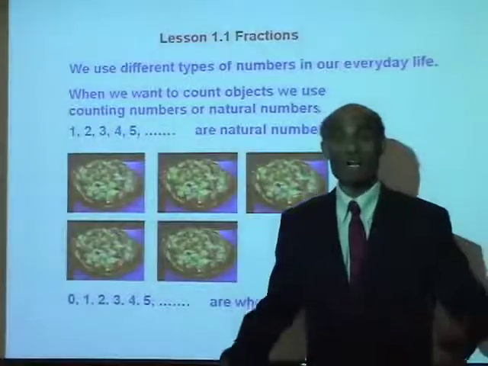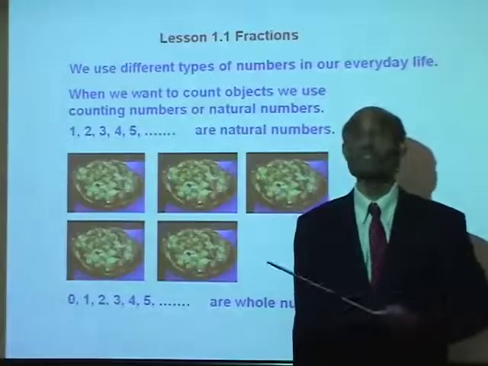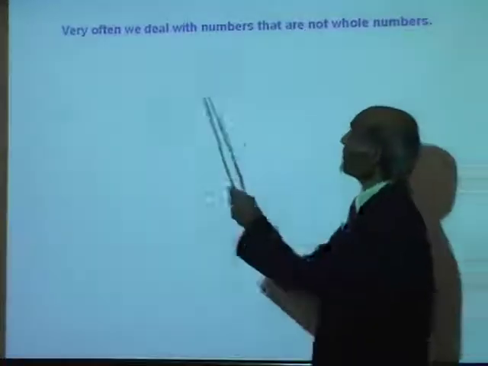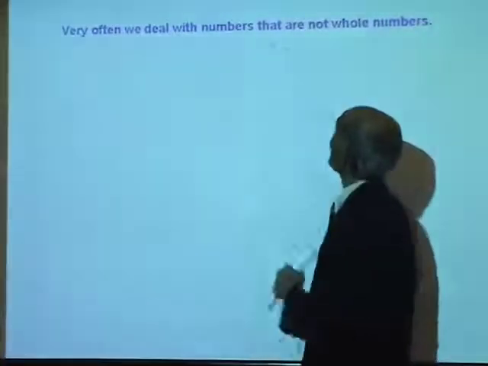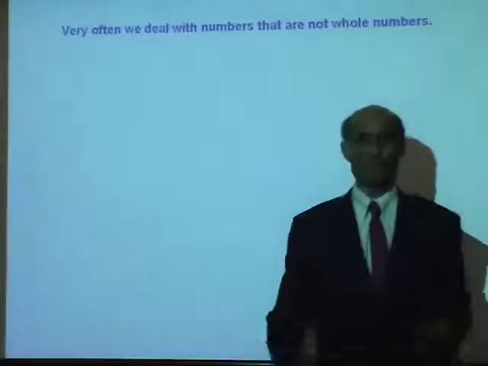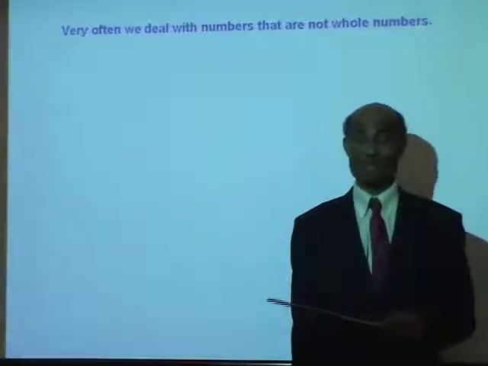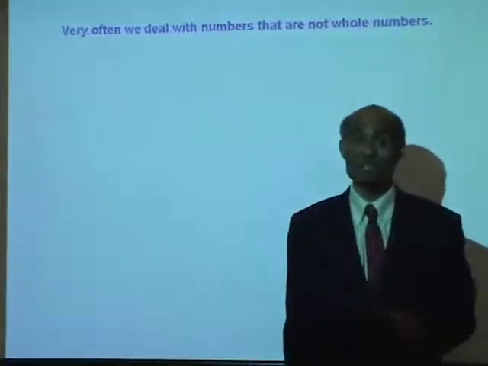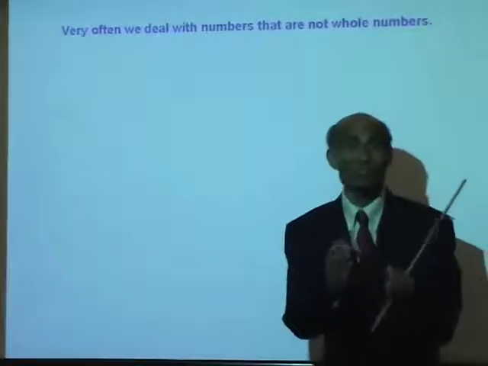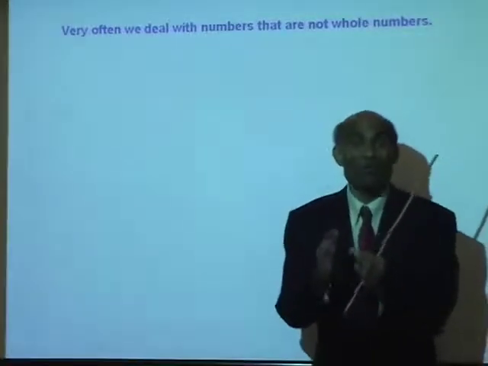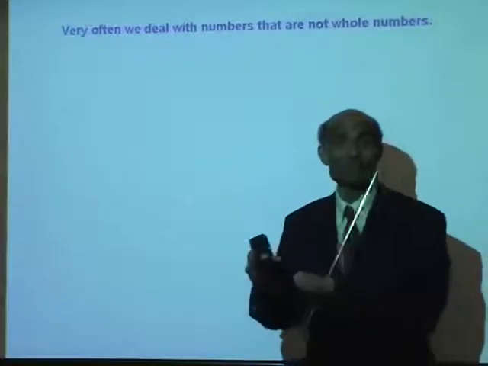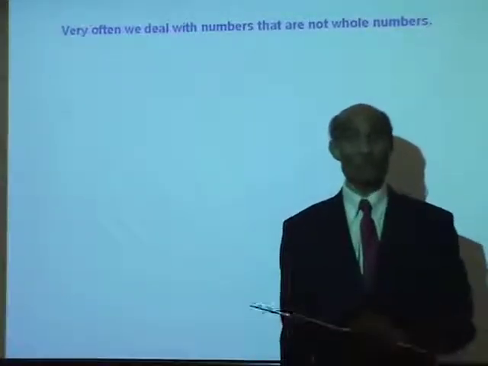Well, these are some of the numbers that we use in our daily life. Is that right? But very often we deal with numbers that are not whole numbers. Now, we may have to use numbers that are between 0 and 1, between 1 and 2, between 2 and 3, and so on.